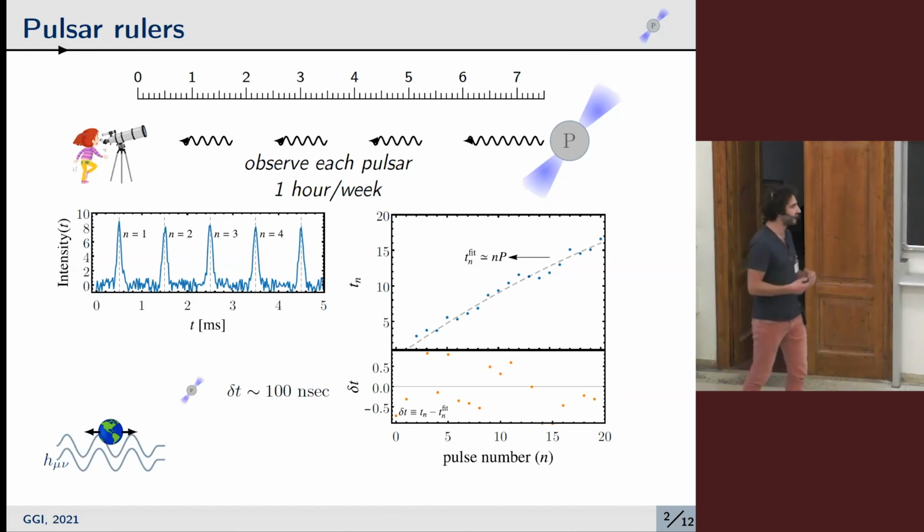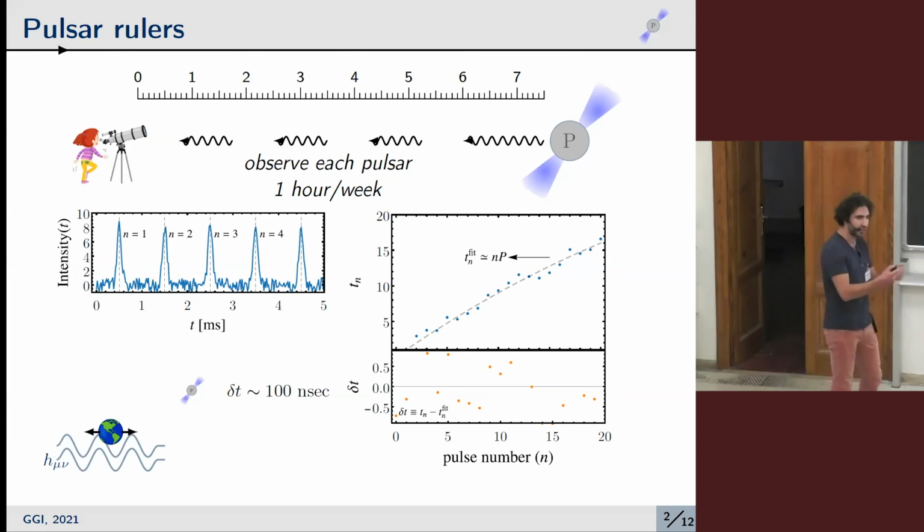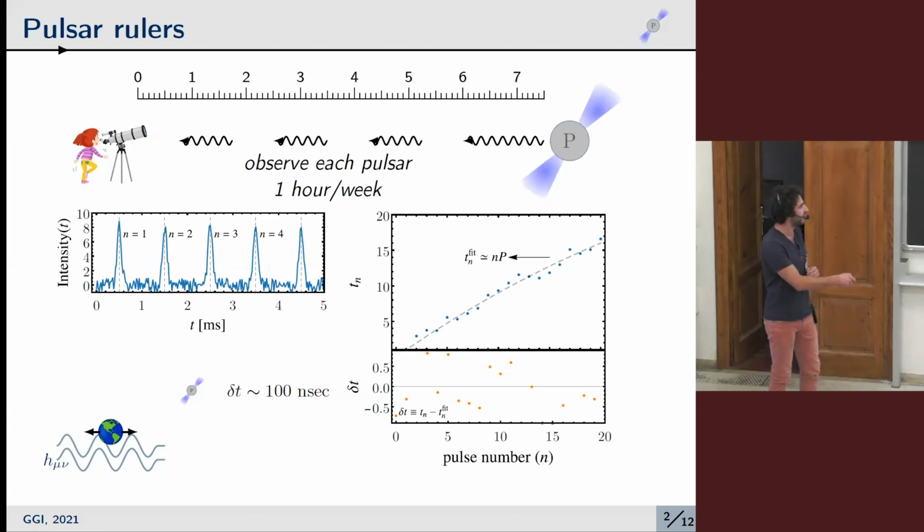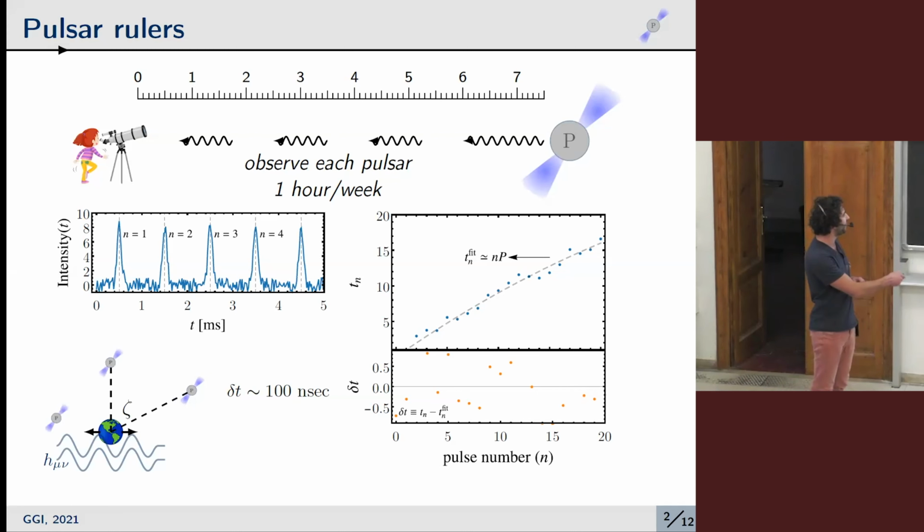Now, a typical pulsar is not perfectly stable. Instead, it fluctuates back and forth on a time scale, if you're lucky, of about 100 nanoseconds, just by various effects in the pulsar system. So what you really want to do is knock down these error bars by correlating time series from one pulsar to another pulsar, and then use that as a way to look for a gravitational wave.